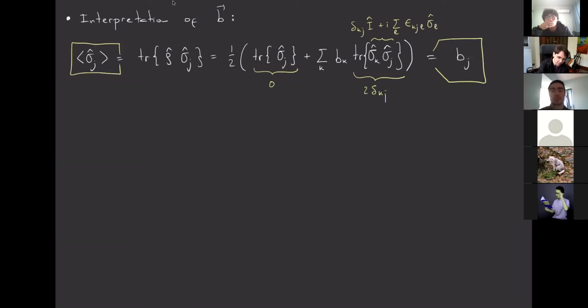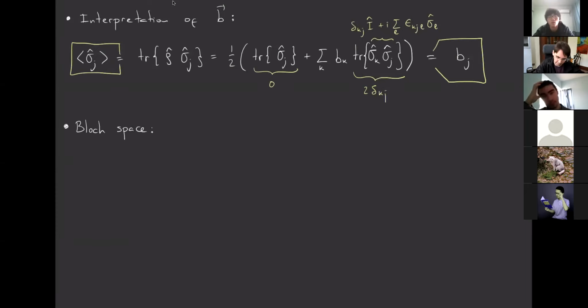Okay? This is really nice because it allows us to make a representation of states of atoms, of atomic states, in something that we call the Bloch space.